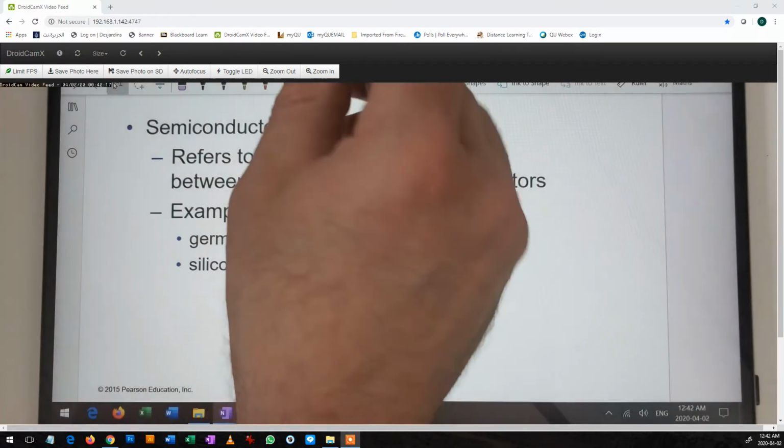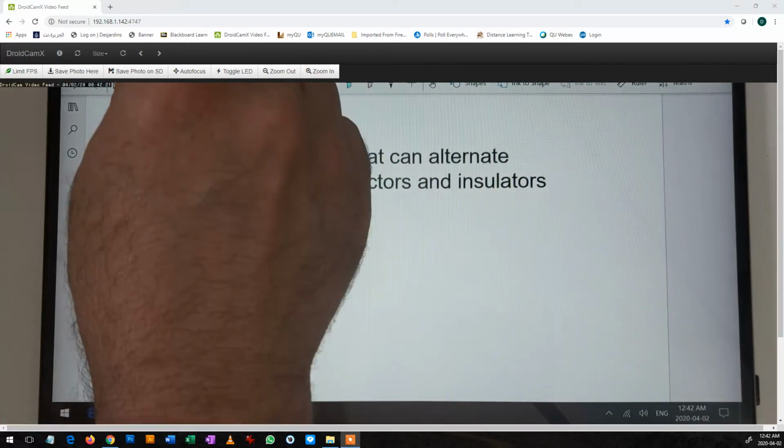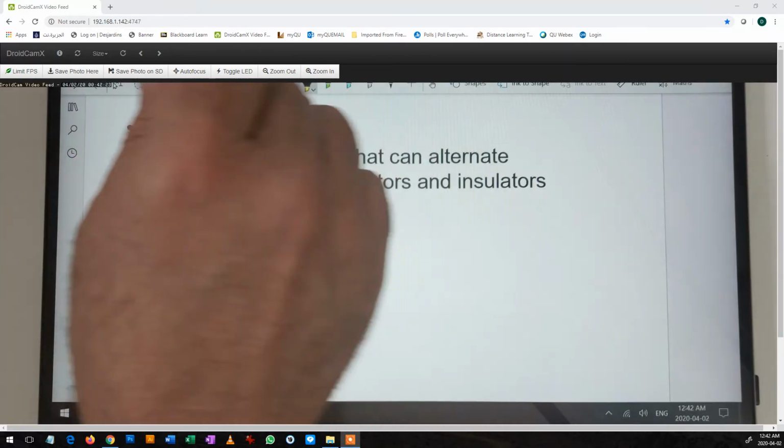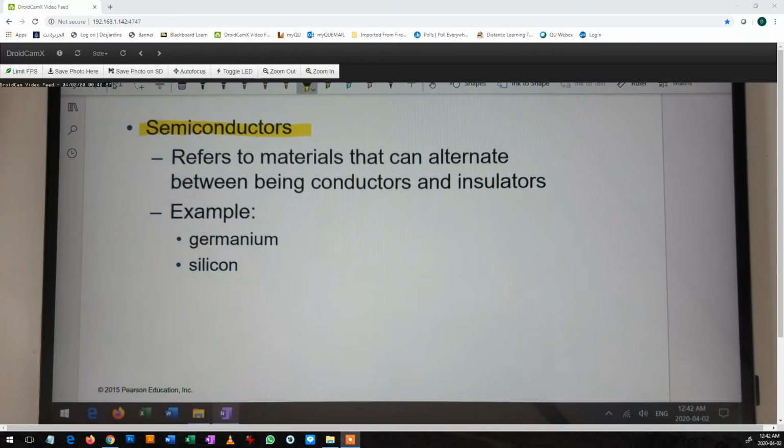Now let's talk about semiconductors. حكينا عنهم تتذكروا زمان المحاضرات السابقة. Semiconductors refers to material that can alternate between being conductors and insulators. Pure semiconductors are insulators.